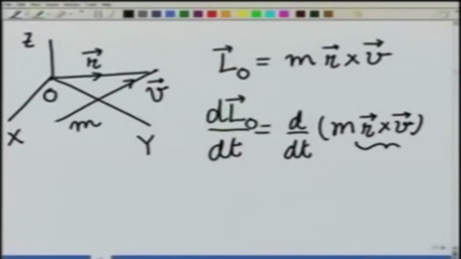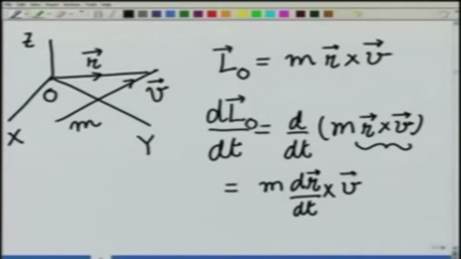For those of you who feel a little uncomfortable, I will leave it as an exercise that you take the components of this cross product vector and do it in terms of components, but I am going to write it directly as m dr/dt cross v plus the second term, because I am using the chain rule, m r cross dv/dt.